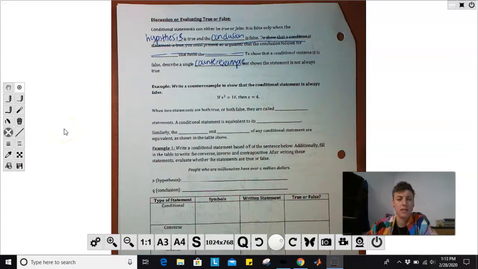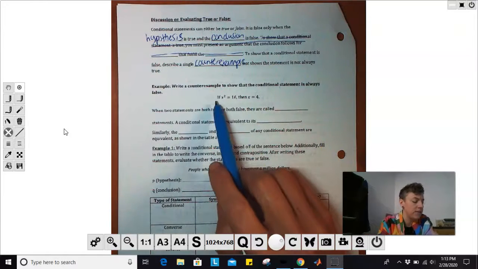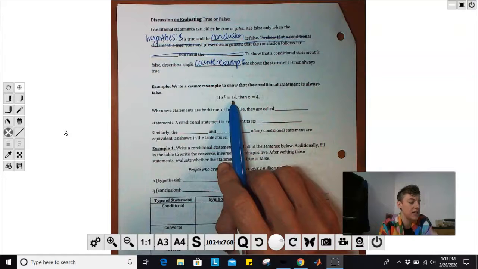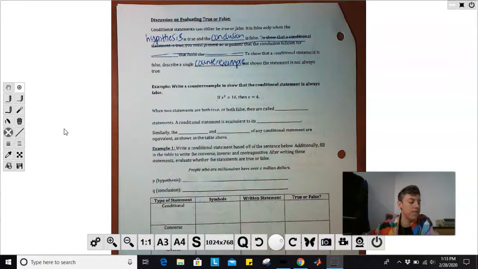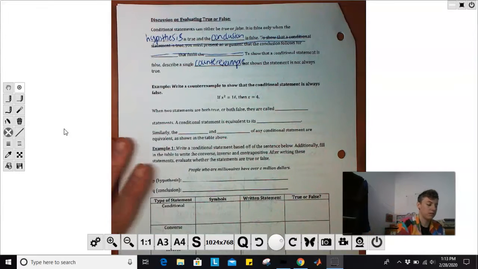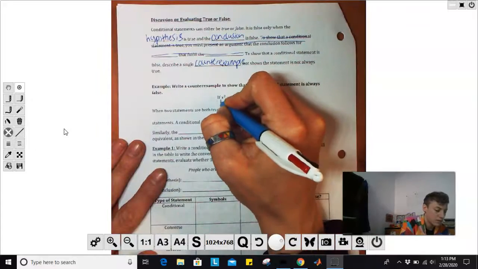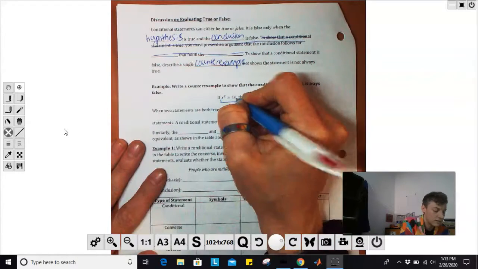All right, example: write a counterexample to show that the conditional statement is false. This says, if x squared equals 16, then x equals 4. First of all, B2, what is the hypothesis? Good job, that's our hypothesis. And what letter are we using to abbreviate that?